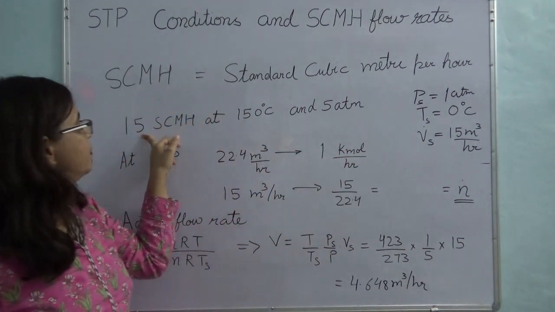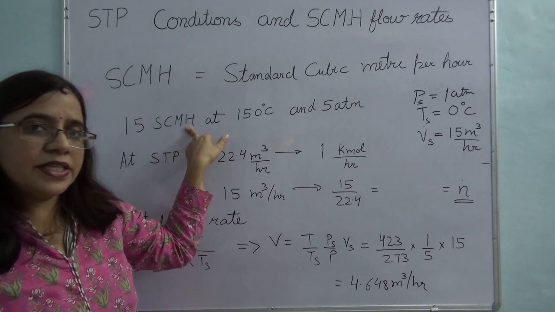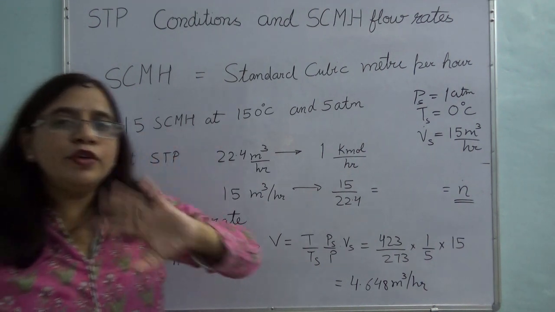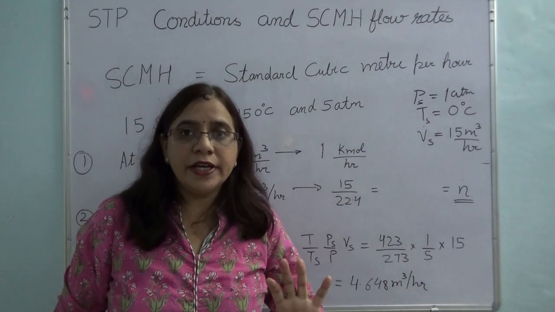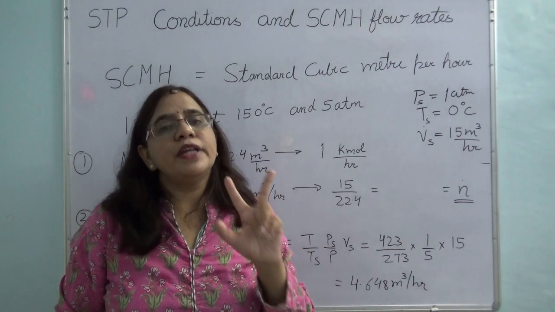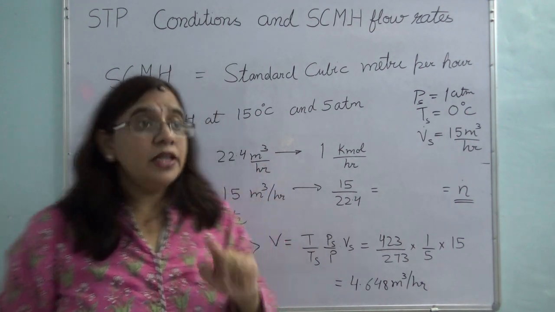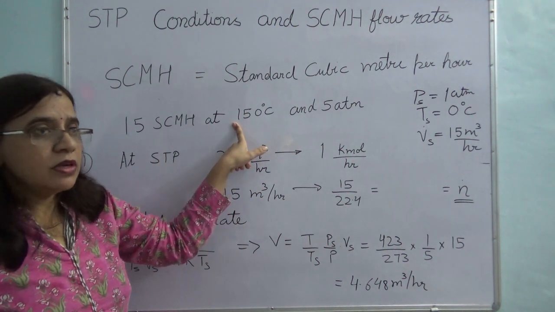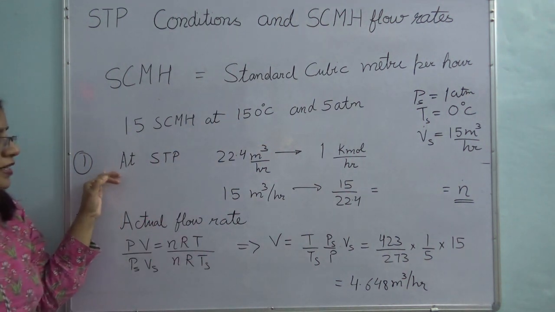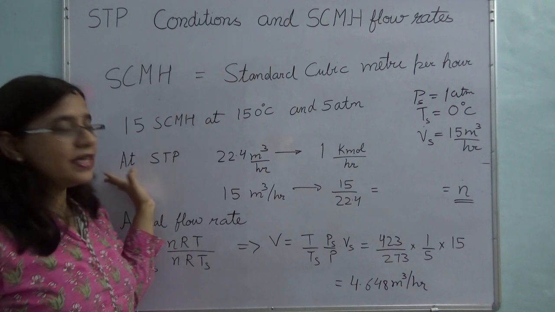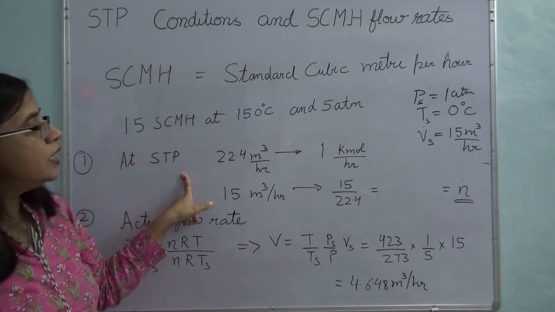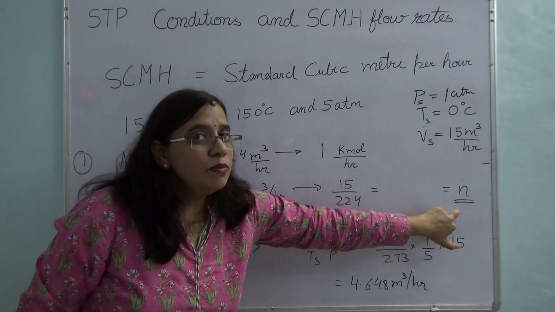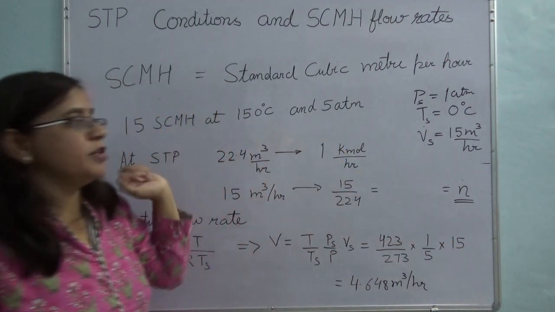Now, if I am measuring my flow rates in SCMH, then I will have to get my information for the actual flow rates. Okay, so there are two different types of information which you can get from these SCMH values. First of all, you can calculate your molar flow rates using the SCMH value.